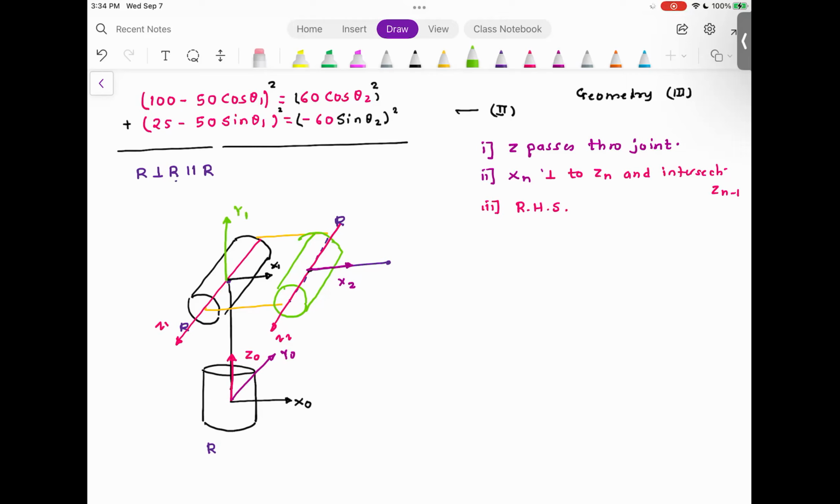Z2, X2, my Y2 has to be something like this. And this is the end effector. There is no joint or anything, but for the sake of simplicity, I'm going to assume the same coordinate system as the previous one. So this is going to be X3, Y3, Z3.